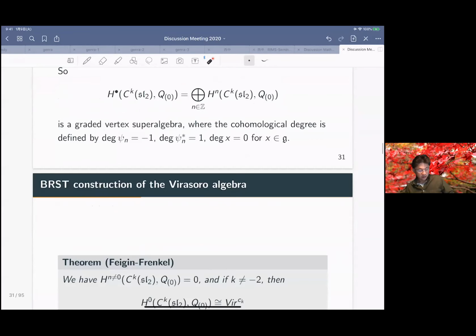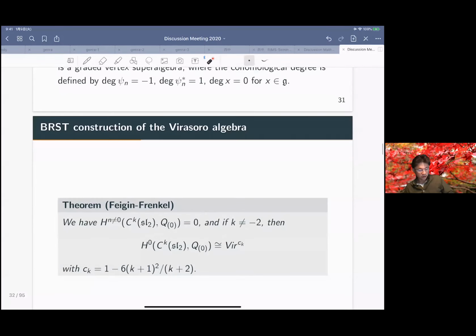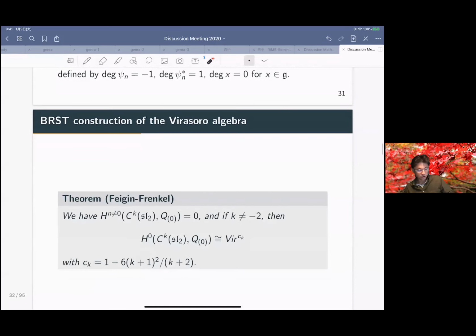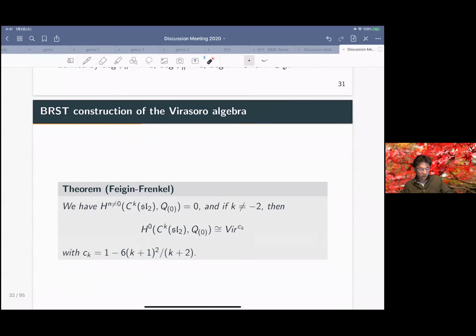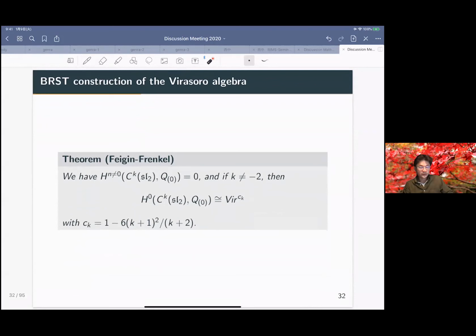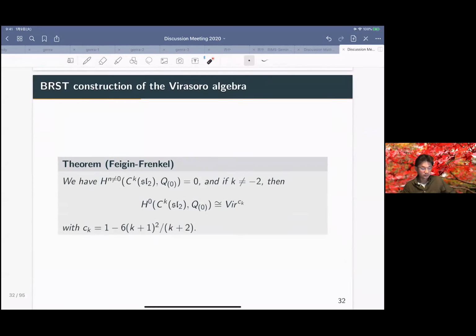For sl2, this doesn't give you anything new, but it's interesting because we have a cohomology vanishing, and we recover the Virasoro algebra in this way, where the central charge c of the Virasoro and the level k of sl2 are related by this relation.